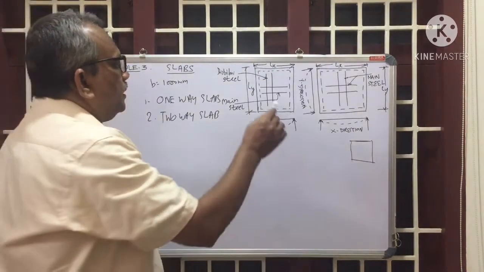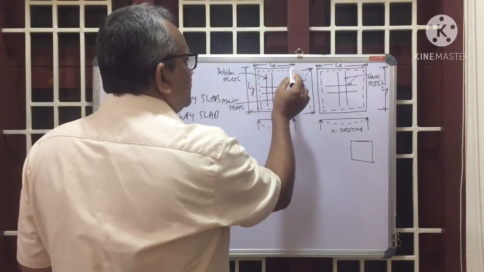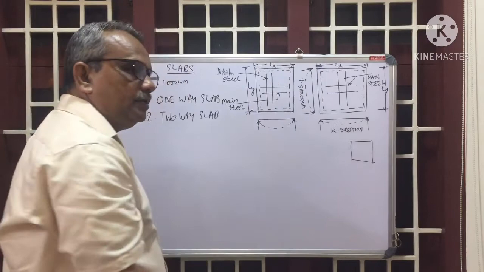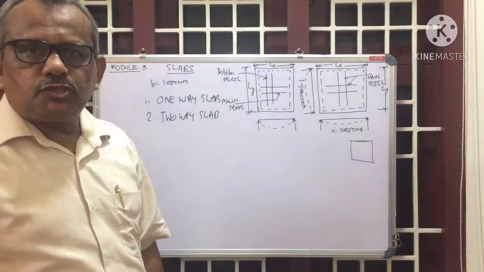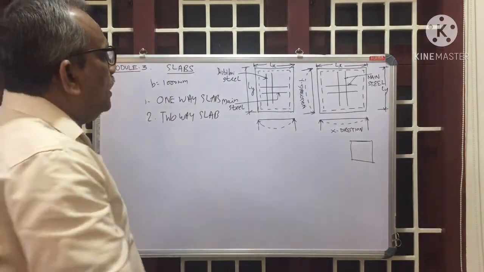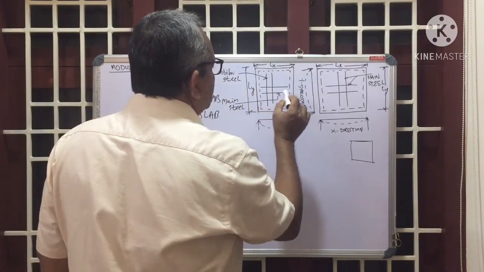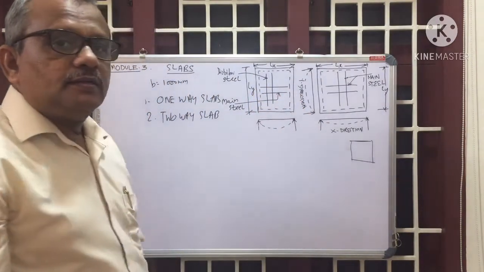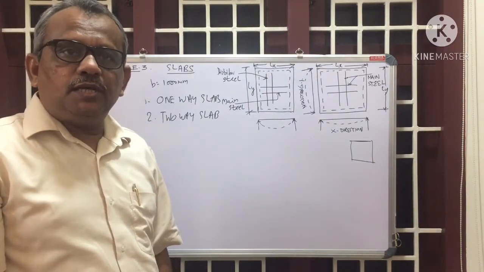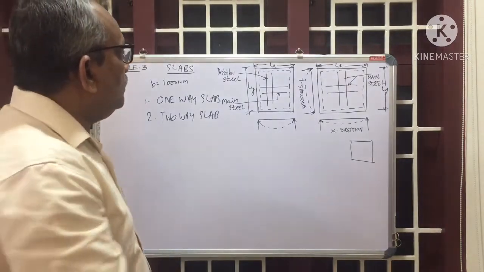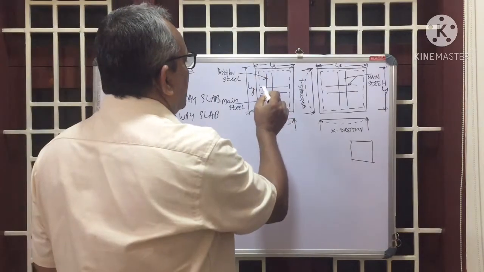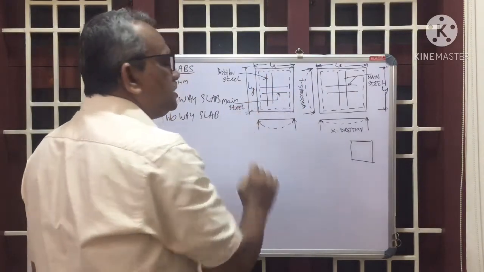Now here, Lx is shorter than Ly. Suppose Lx is shorter than Ly, and the reinforcement provided along Lx, the steel provided along the shorter direction, is the main steel.